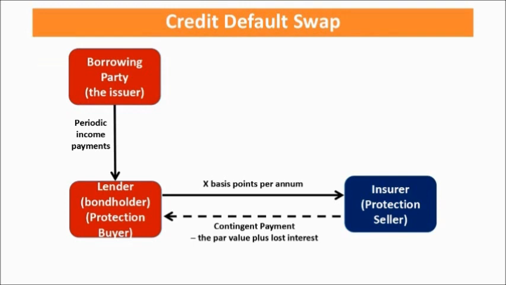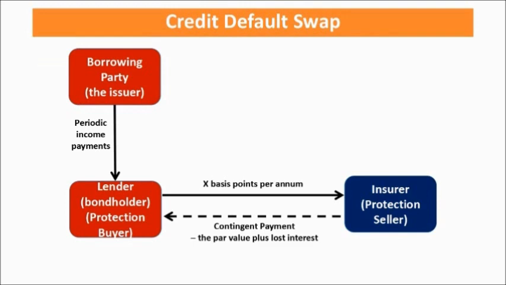So the insurer's profit here is he will keep the interest as long as there is no default between the borrowing party and the lender. But once the default happens, then whatever loss the lender has acquired from the borrowing party will be compensated by the insurance or the protection seller.